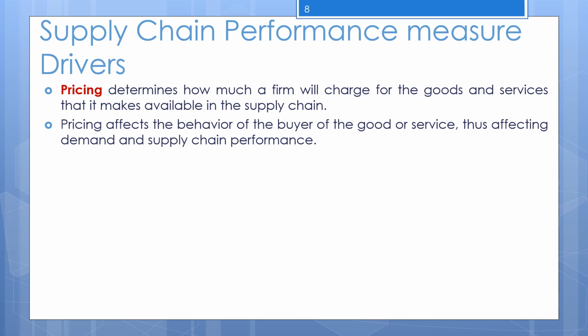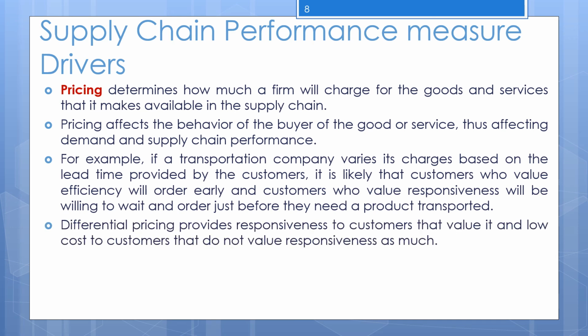So let us discuss pricing and its role in supply chain. Actually, pricing is the process by which a company decides how much to charge customers for its goods and services.